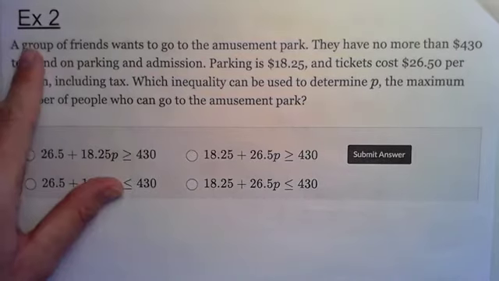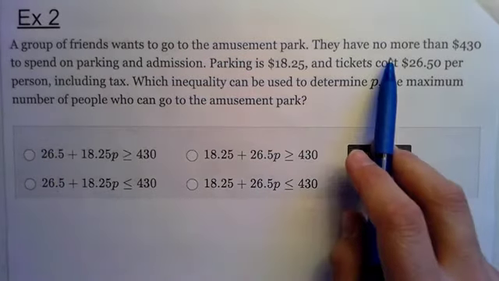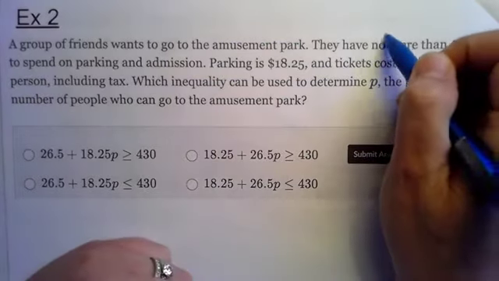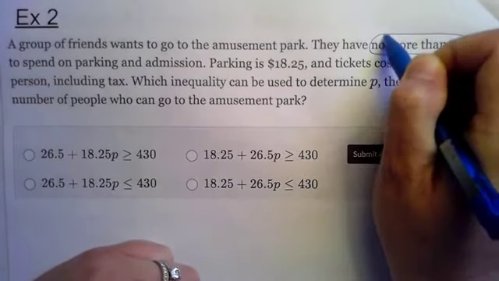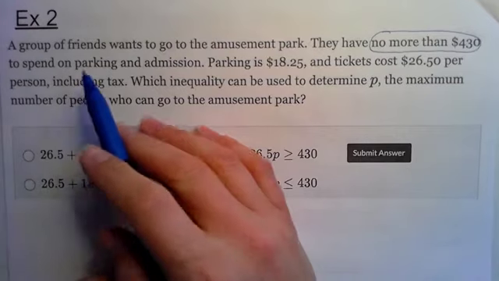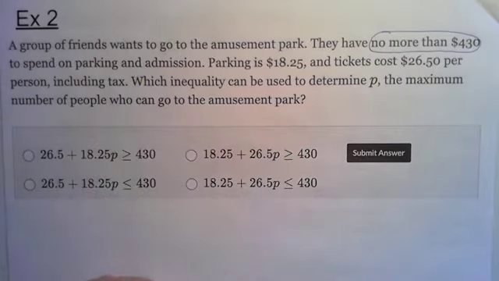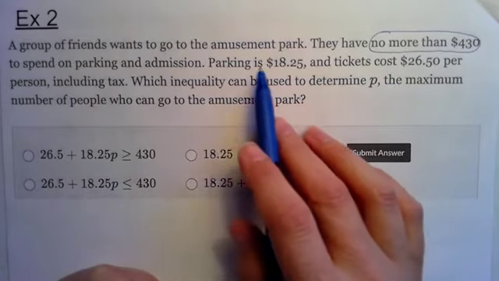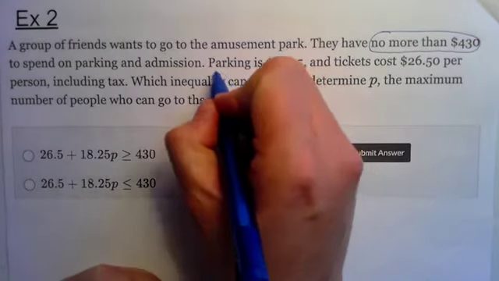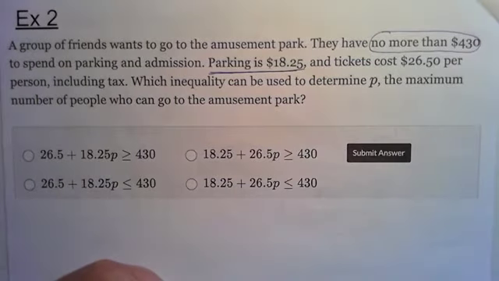All right, a group of friends wants to go to the amusement park. They have no more than, that's very important, no more than $430 to spend on parking and admission. So there's 2 things that they're paying for. Parking and admission. Parking is $18.25. That's good information. Oh, I should probably use different colors. Let me make that orange, rather.